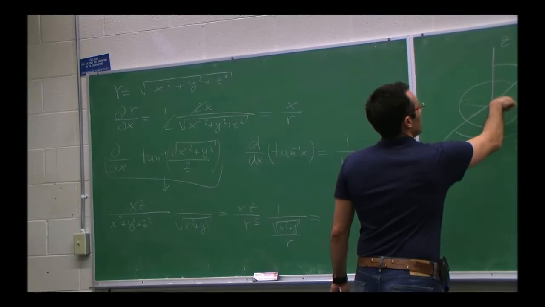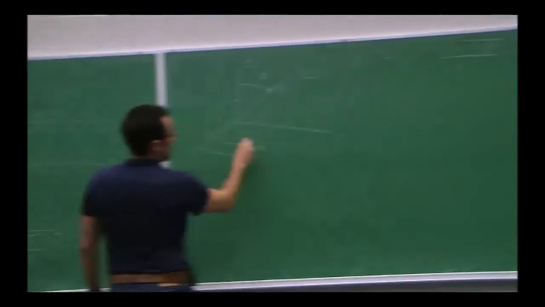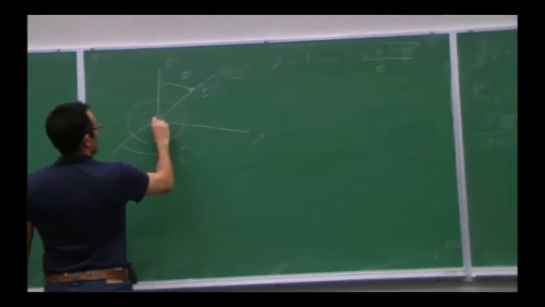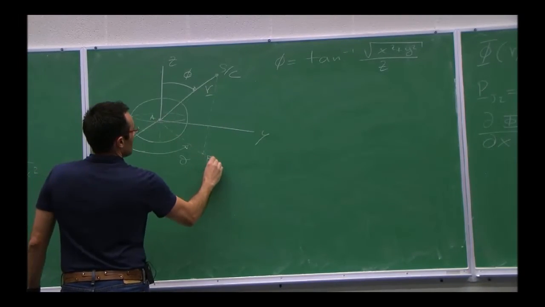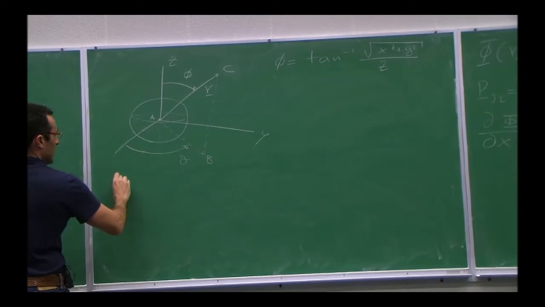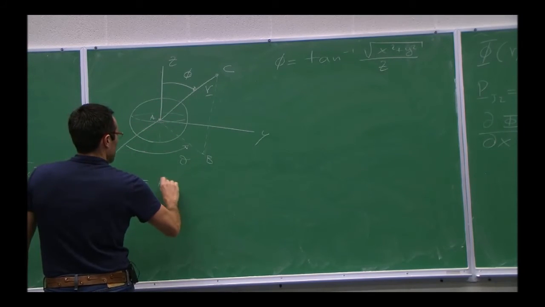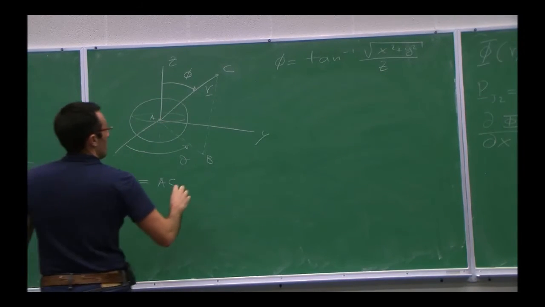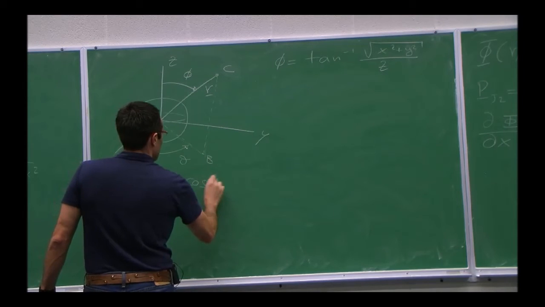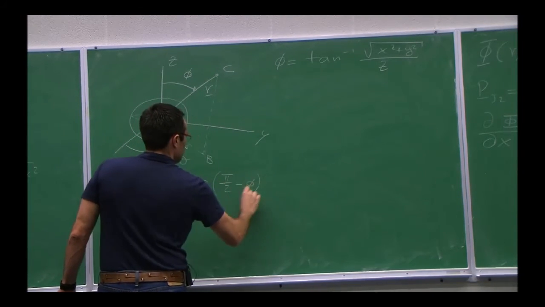Okay, look at this angle here. The pi minus phi, right? This side, I don't know what to call it. Let's give these names. A, B, and C will be my spacecraft, right? So the side AB is equal to the side AC times the cosine of pi over 2 minus phi, right?